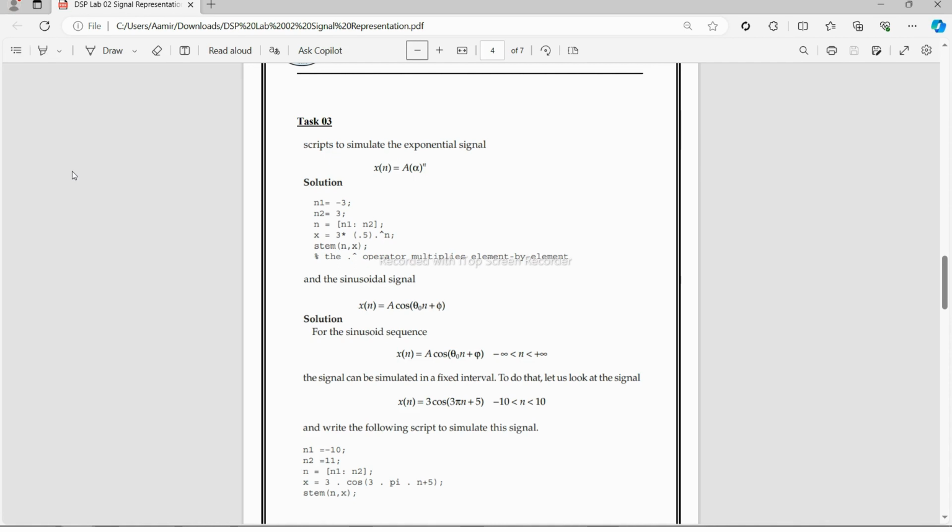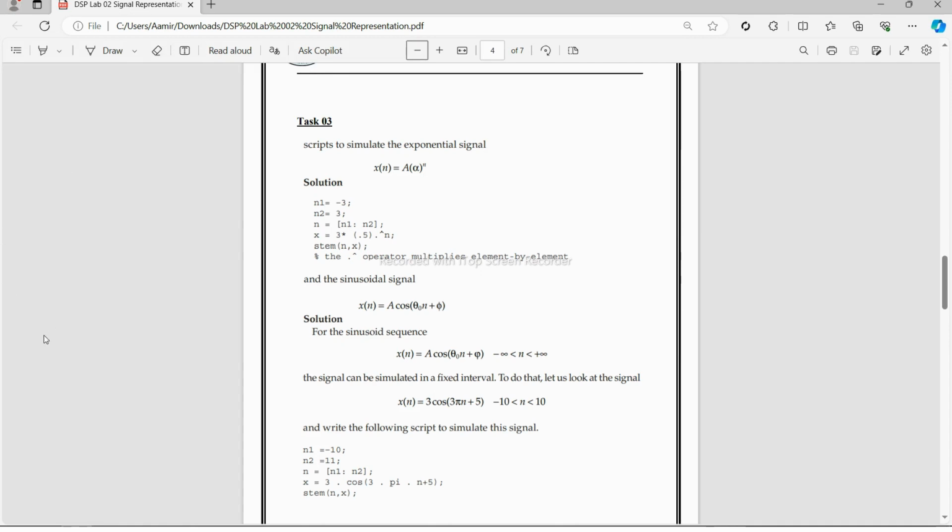It generates the exponential signal x, where each element is computed as 3 multiplied by 0.5 power n, with n ranging from -3 to 3. Then stem(n, x) plots the exponential signal.